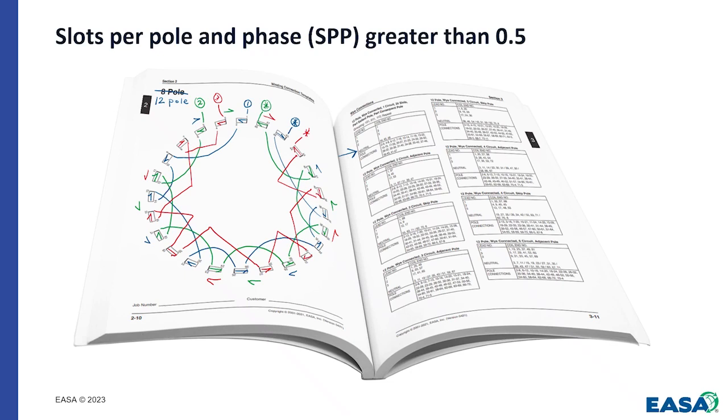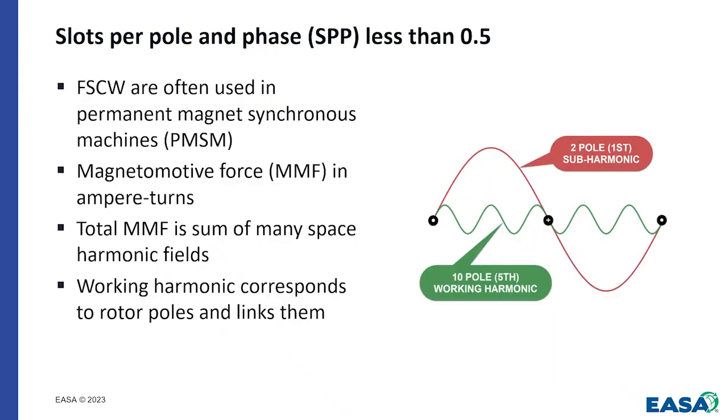When we get a machine where the slots per pole per phase is less than a half, even if we use a consequent pole winding, you're going to come up with the need for more groups of coils than you have coils. So, that becomes impossible if we're using what's called our fundamental, which is what we assume we're using on all those previous calculations in our books and things we use in our ESA materials.